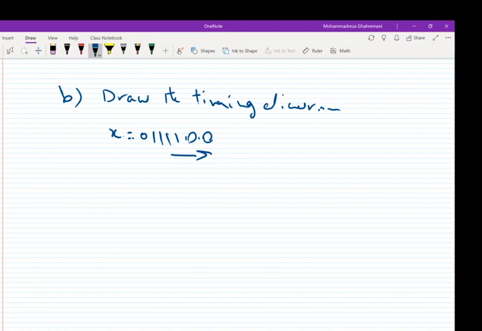We need to draw the timing table, and of course the initial state is y1 0 y2 0 is equal to 1 0. Okay, try to do this by yourself, and we will continue solving this part of the problem in the next lecture.